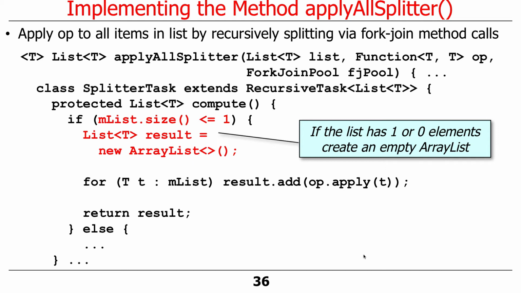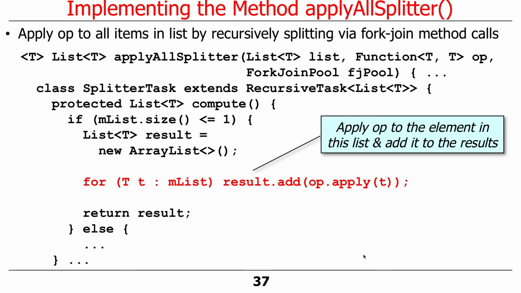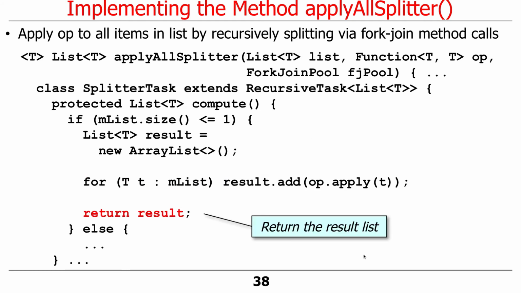In that case, we make a new result list, and then we iterate through the list that we've got. For each element in that list, which will typically be just 1 in this case, we apply the operation on the value t, which we get from here, and then we store that result into our result list. When we're done, we return that sublist. So we have a results sublist that gets returned, and it'll typically have one item in it.